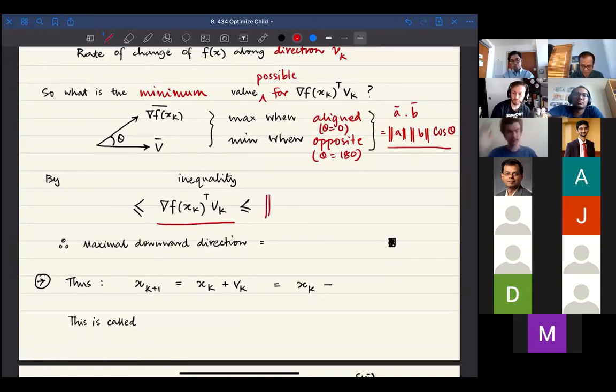This is norm of grad f(xk) times norm of vk, right? Because cos theta is 1. That's the max cos theta can be. And what is it lower bounded by? Someone? The negative version of that? The negative version.